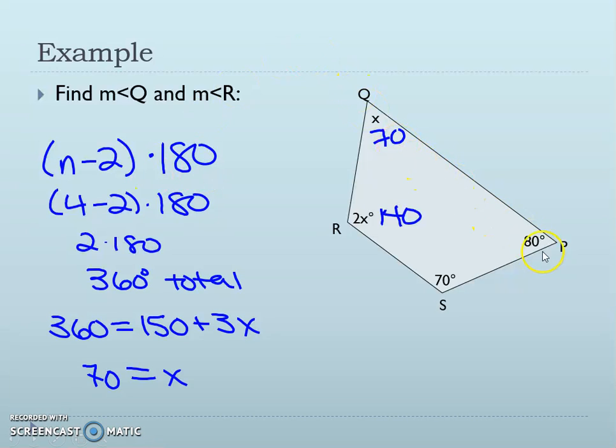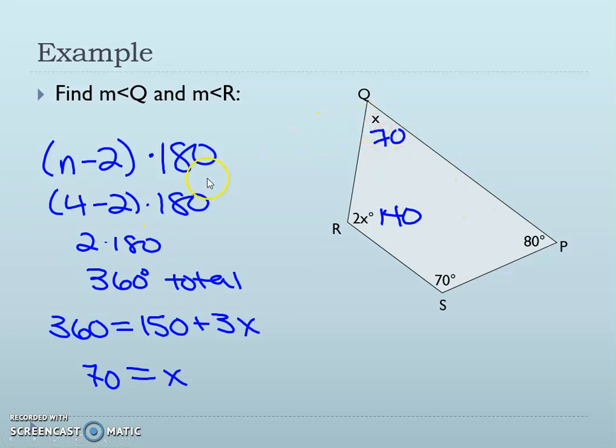We're looking for x and 2x, but you have 70 and 80. So you're going to use the formula for the sum of the measure of interior angles right here inside. That's (n minus 2) times 180. As you can see, you have 1, 2, 3, 4 sides. This is a trapezoid, a quadrilateral. So you do 4 minus 2, which is 2. 2 times 180 is 360.